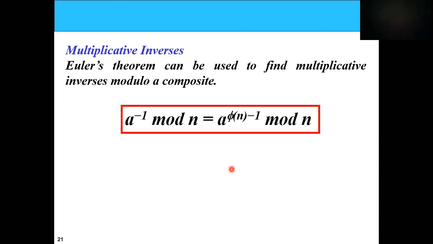Multiplicative inverses through mod, and through this generalization of Fermat's Little theorem, means how you can use Euler's theorem to find the multiplicative inverse under modulo a composite number. Previously we calculated the multiplicative inverse under modulo prime, but here we use a multiplicative inverse modulo a composite number n.